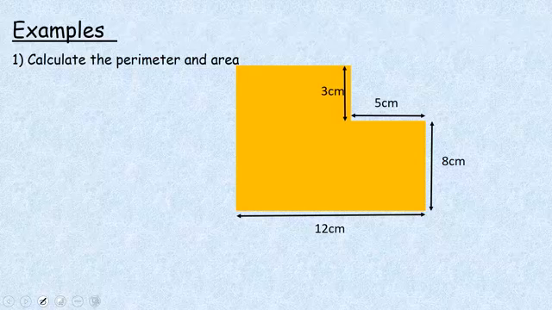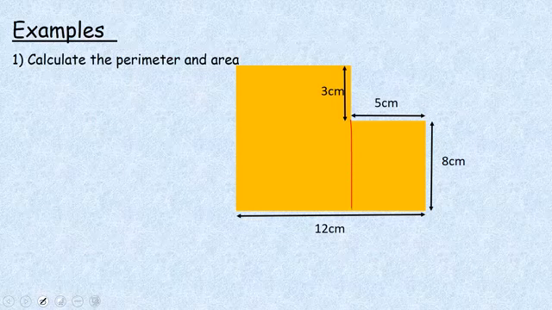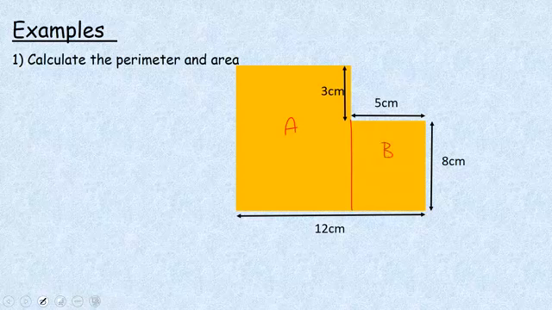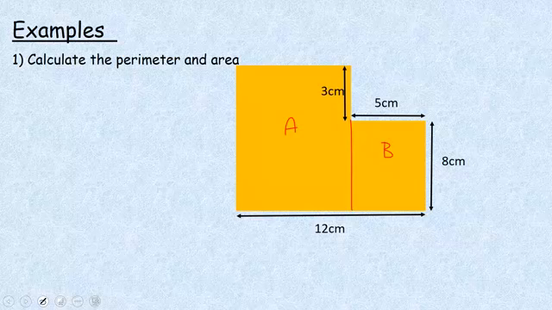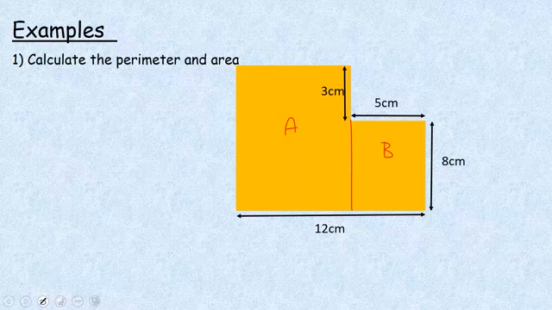and we split this one this way, and call that A and that one B. So for rectangle A, I don't know any of the information that I need, but I can see the width of the shape in total is 12 and the width of B is 5, and knowing that 7 plus 5 is 12, I know that this here must be 7.